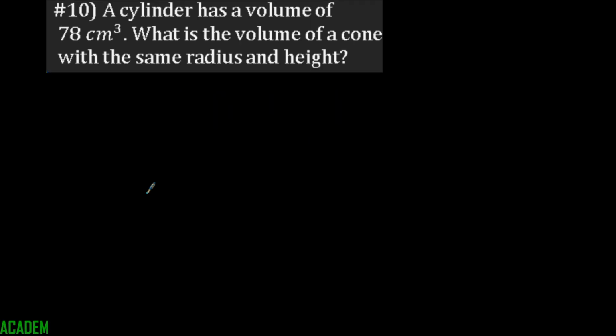And lastly, for number 10, it says a cylinder has a volume of 78 centimeters cubed. And it says, what is the volume of a cone with the same height and the same radius?